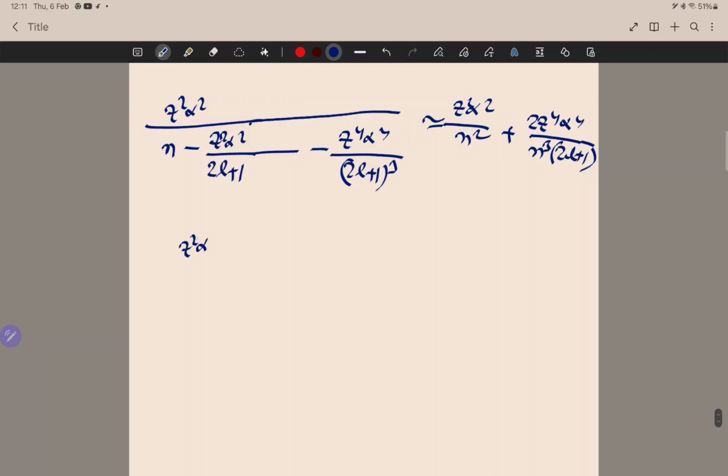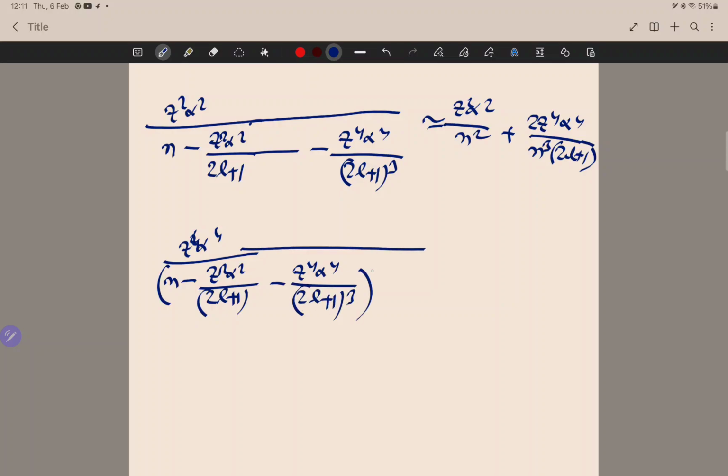And z to the power 4 alpha to the power 4 divided by n minus z square alpha square divided by 2l plus 1 minus z to the power 4 alpha to the power 4 divided by (2l plus 1) whole cube, to the power 4, approximately z to the power 4 alpha to the power 4 divided by n to the power 4.